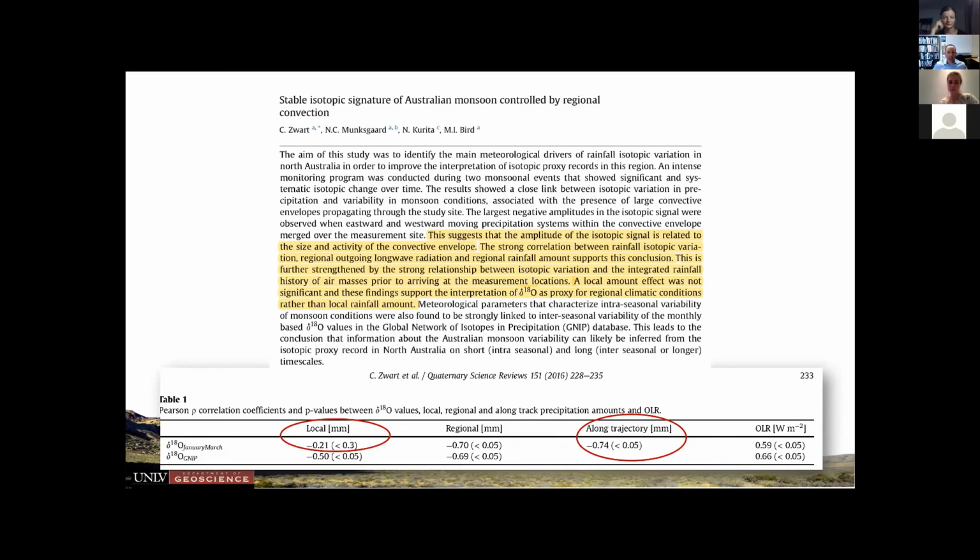So I really like this paper from the Australian monsoon where it made this observation very strongly. It says the strong correlation between rainfall isotopic variation is really related to integrated rainfall history of air masses prior to arriving at the measurement location. Okay, so that's something to keep in mind. Again, you can study this by doing the isotope climatology of your own sites.